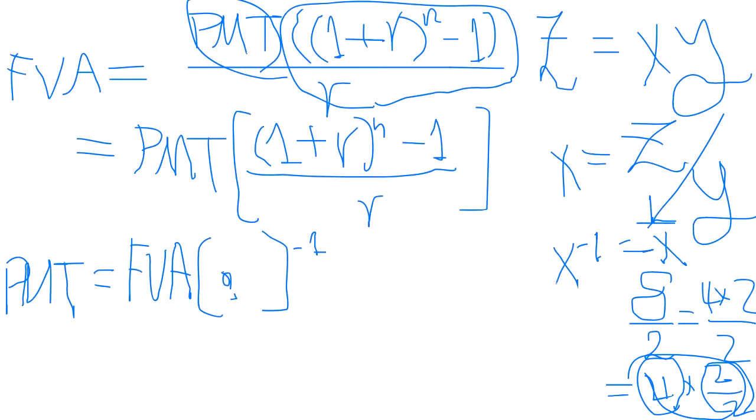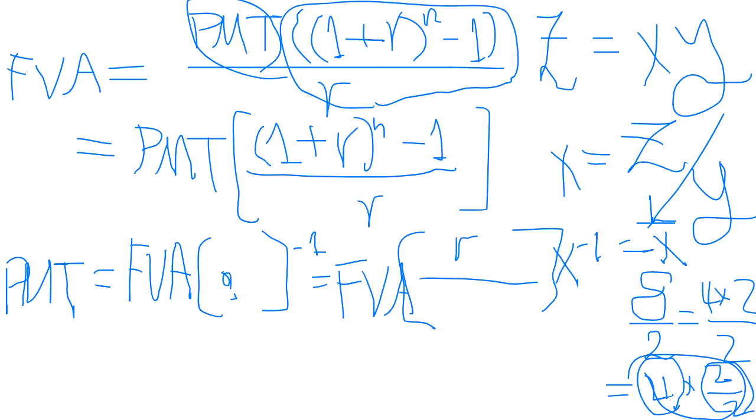So that means you're dividing FVA by this. Okay? So then it comes to FVA times this, which gets very messy, but you get the idea.